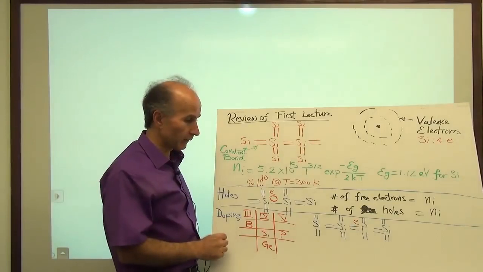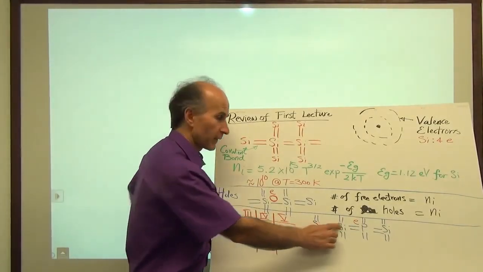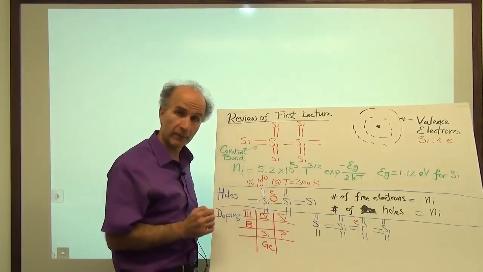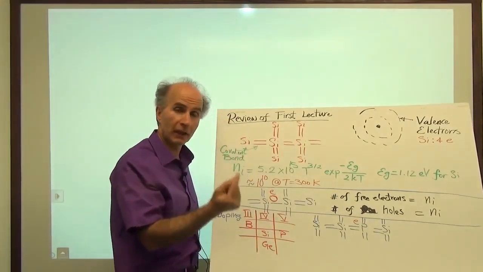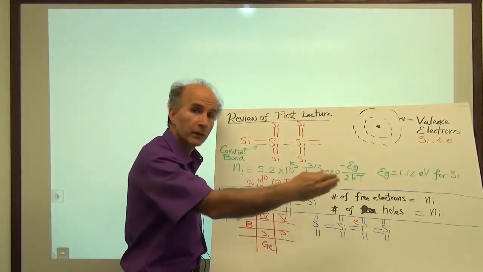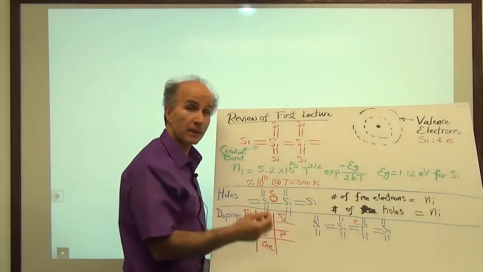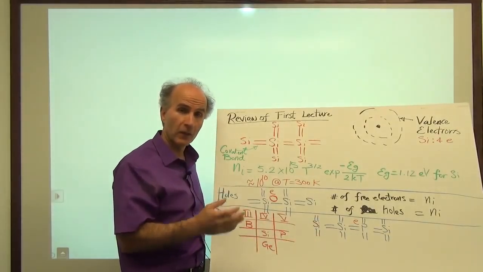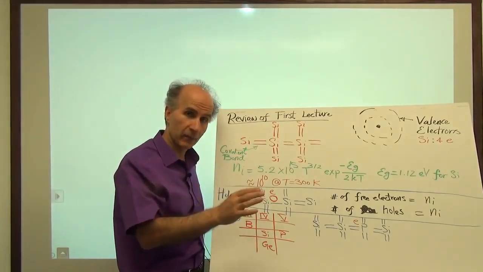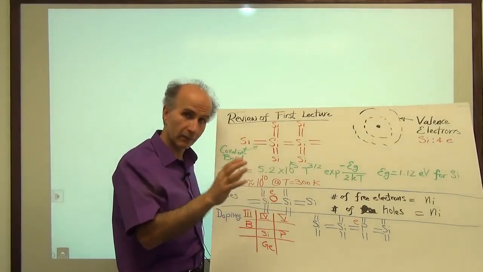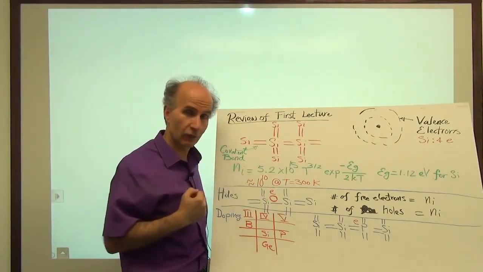So for example, if I go into a silicon crystal and replace some of the atoms by phosphorus atoms, then this phosphorus atom has 1 additional electron that cannot form a bond with the surrounding silicon atoms. And that free electron is capable of carrying current. So if we add a certain number of phosphorus atoms to a piece of silicon, then we create that many free electrons.